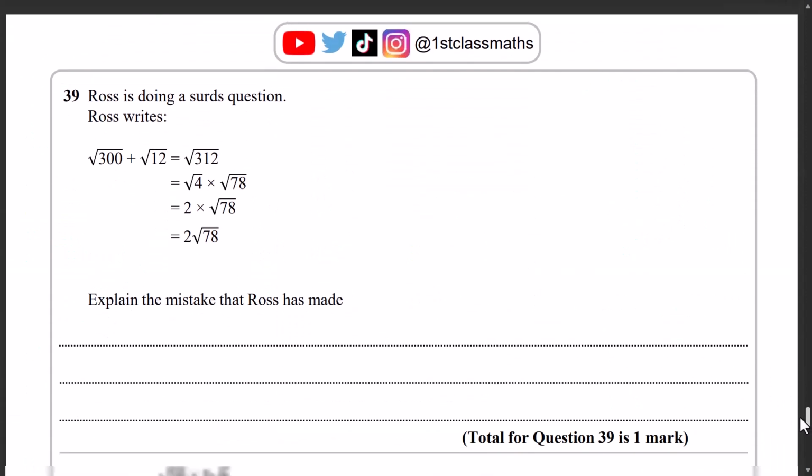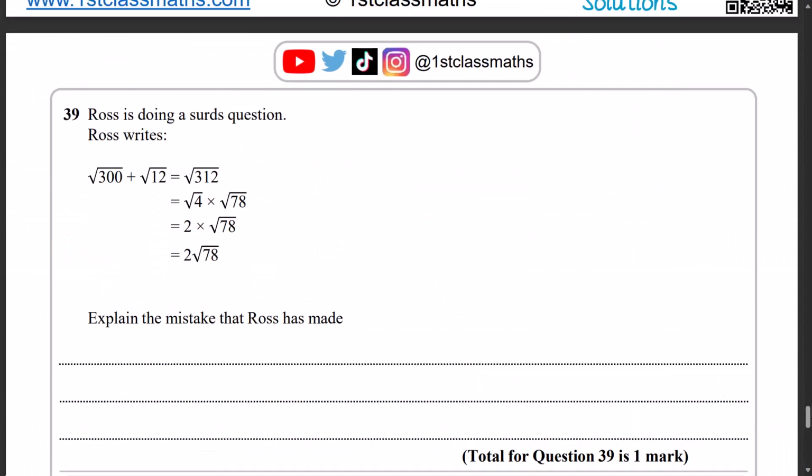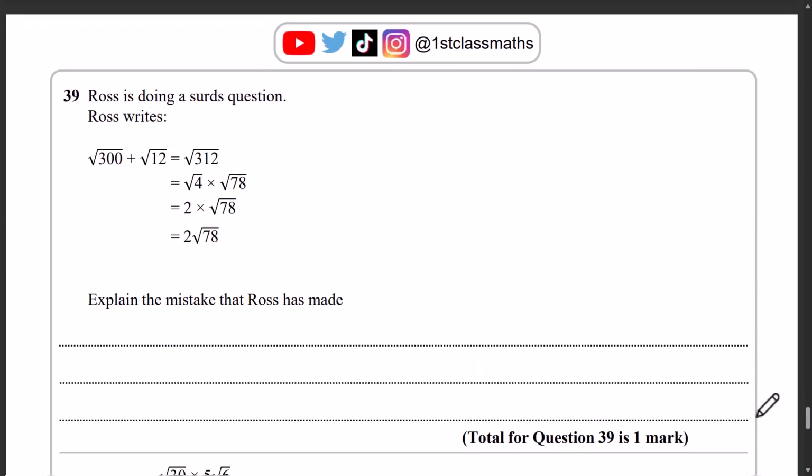And yeah, for this one, Ross James is Swords person. And Swords writes this. Well, explain the mistake. Well, what that means is you really cannot add this and this to give you this. No, it doesn't work that way.